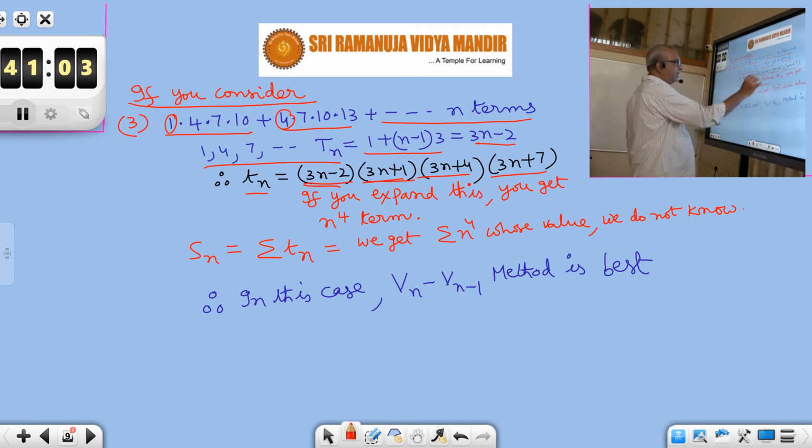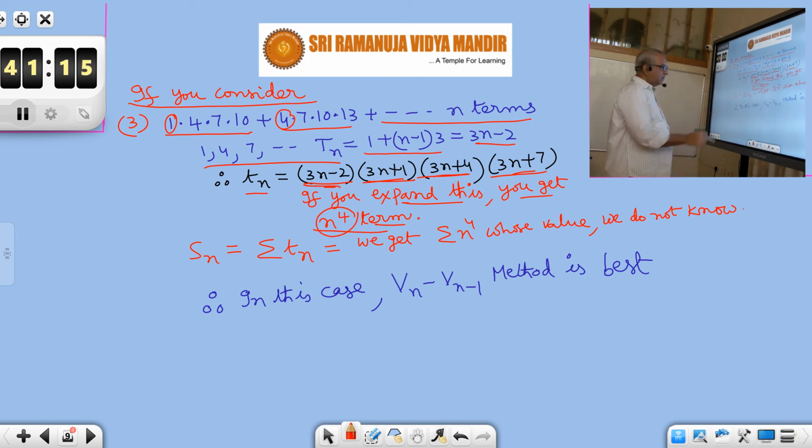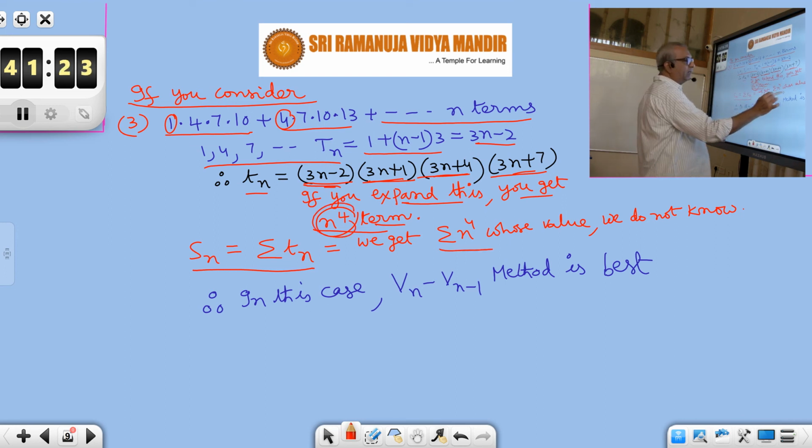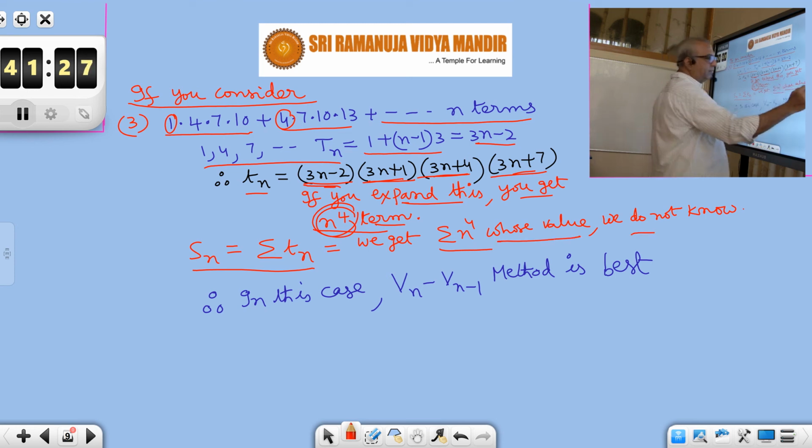So if you expand this, what happens? Because there are 4 factors, you are going to get n power 4 term also, is it not? If you expand this, you get n power 4 term, because there are 4 factors. So if you use the formula Sn is equal to sigma Tn, then sigma n power 4 you are going to get. Sigma n power 4, we do not know its value.